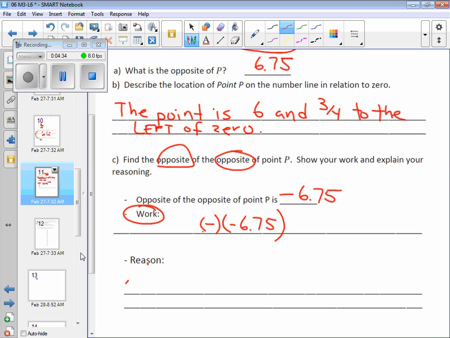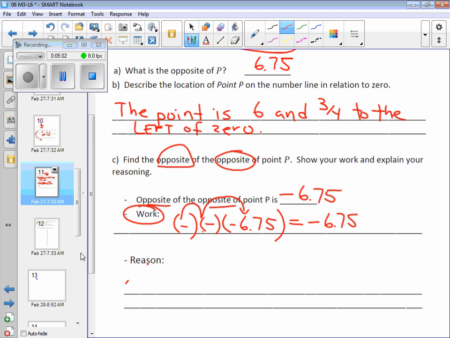That's the opposite of negative 7.5, but they're looking for opposite of opposite. I need another negative sign. This is the opposite of the opposite of negative 6.75, and that equals what? Brandon? Right back where you started.